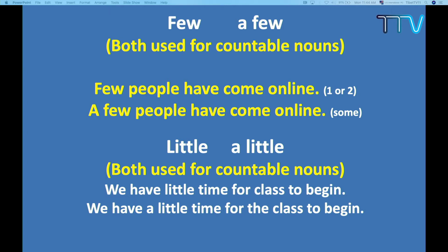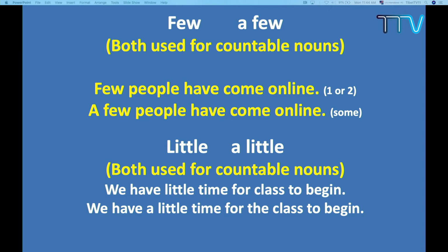Few people have come online means very few, one or two, not more than that. A few people have come means among the people, some have come. So you see there is some kind of positivity in that. That is the only difference. The first thing you have to keep in mind is that few and a few are used for all countable nouns.